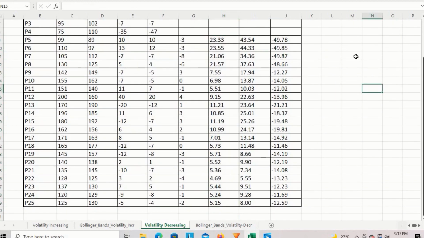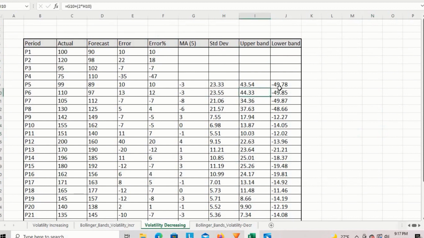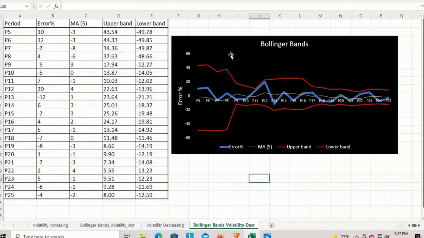Okay, and same formula for upper band and the lower band, mu plus 2 standard deviation or mu plus 2 sigma, and for lower band mu or mean minus 2 sigma or 2 standard deviation for period 5 through period 25. Okay, once we convert this data into Bollinger Band, it will look like this.